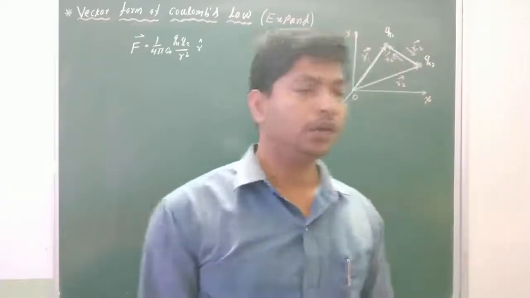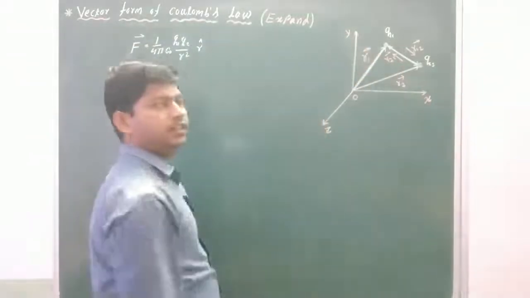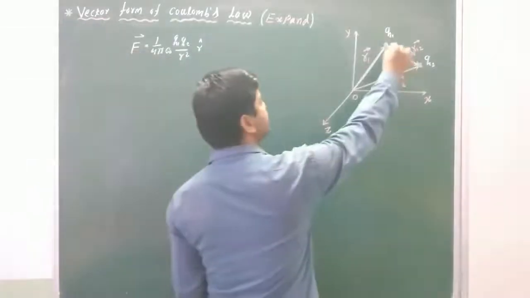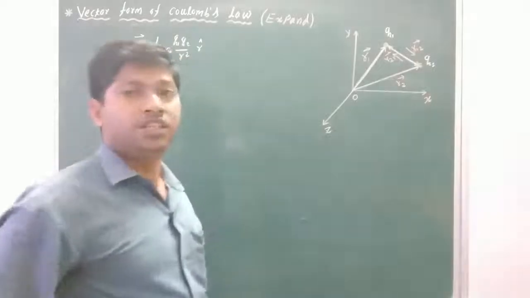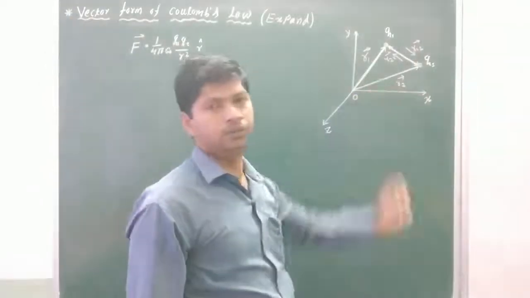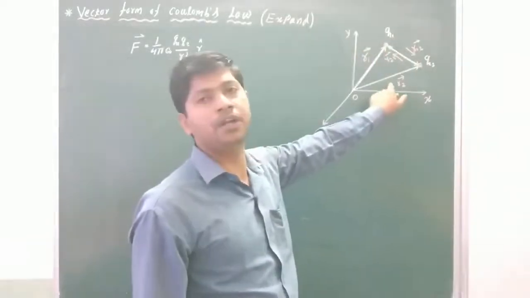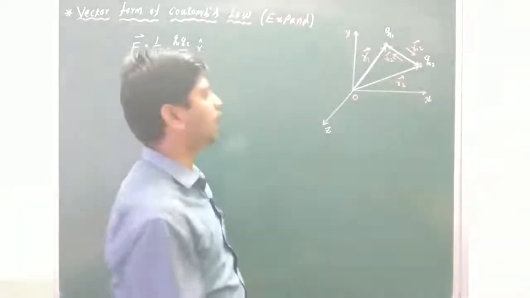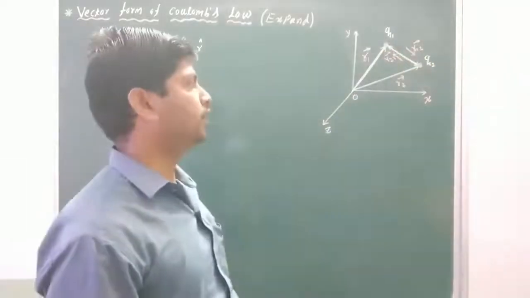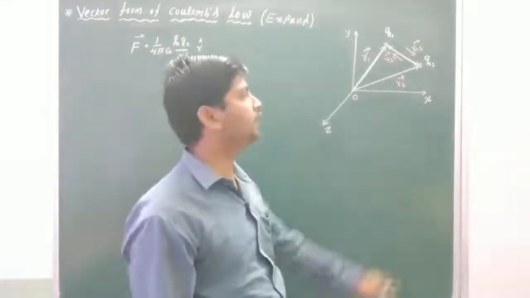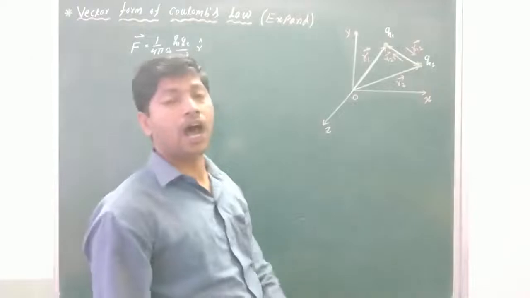For that I am taking a Cartesian coordinate system with x, y, z axes, and two point charges, Q1 and Q2, with position vectors R1 and R2. R1 is the position vector of Q1 and R2 is the position vector of Q2. Between them there are vectors R12 and R21.